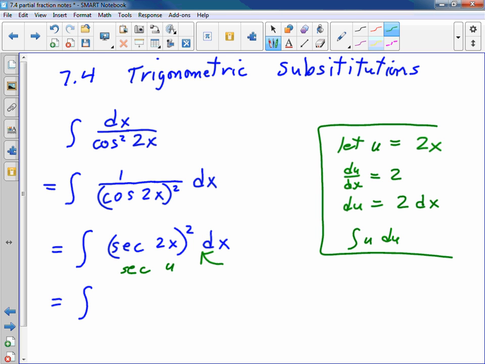What am I missing, Mo? Yes, Mo, but what I'm getting at is I need du, and du is 2dx. Right now, I am missing a 2. Okay? So, basically what I'm saying is, what can I do to make this in the proper form?